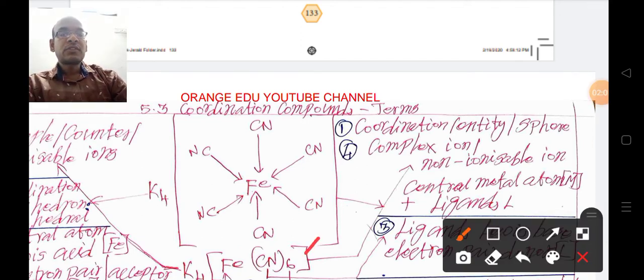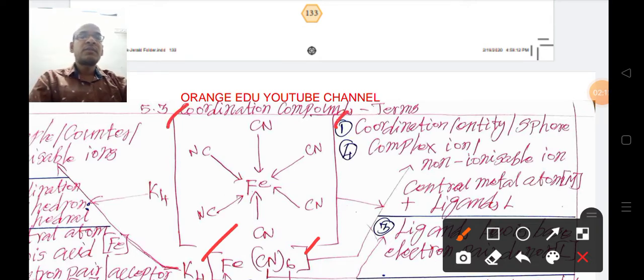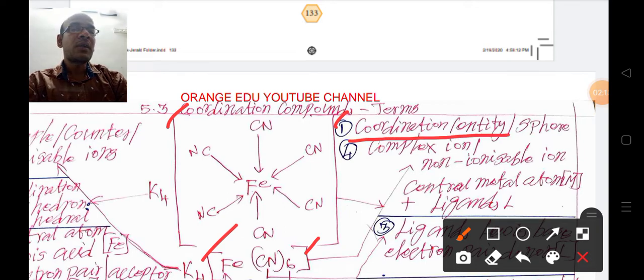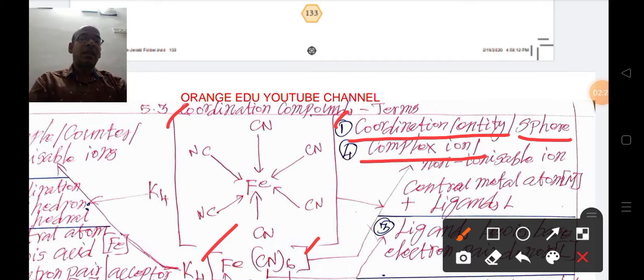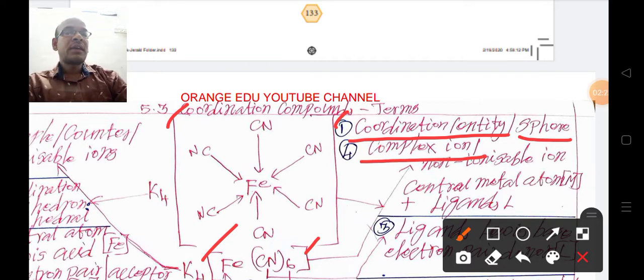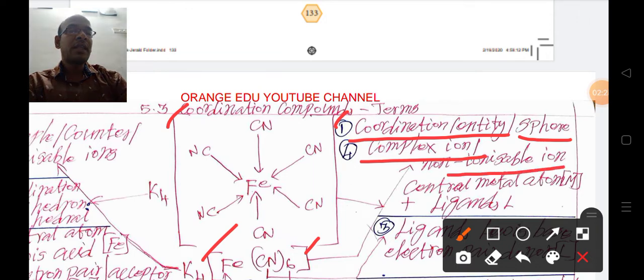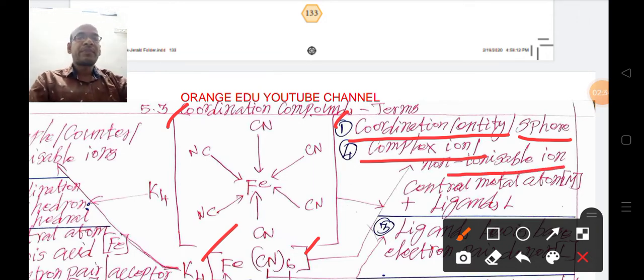Within the square bracket, this part is called coordination entity or coordination sphere or coordination complex ion. This complex ion is called non-ionizable ion.